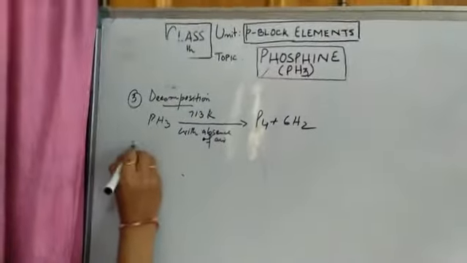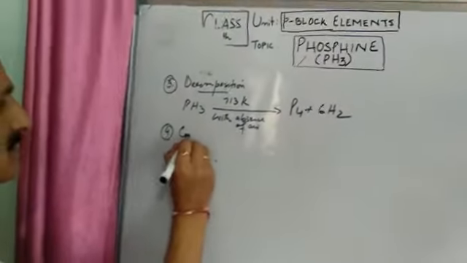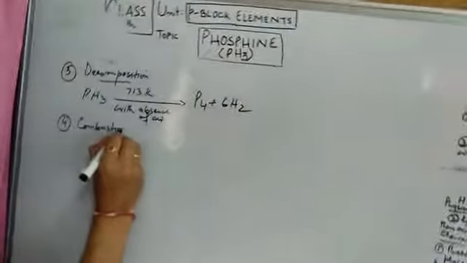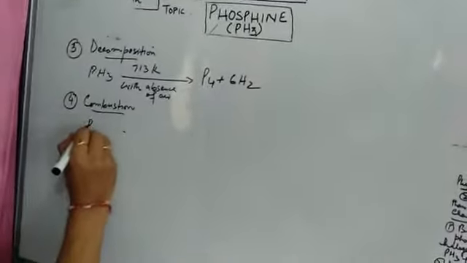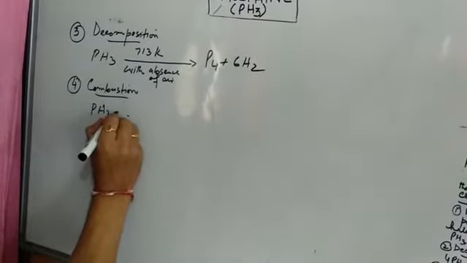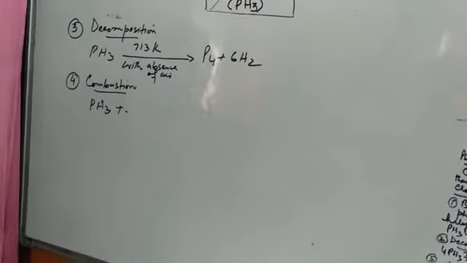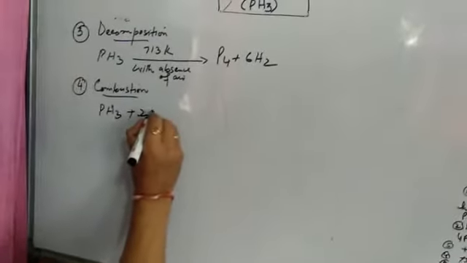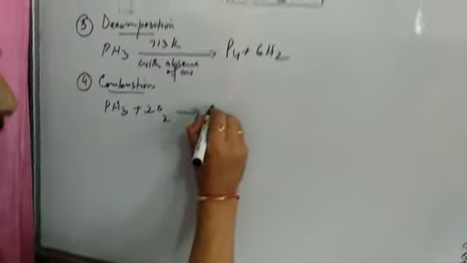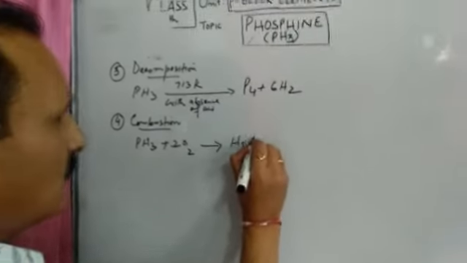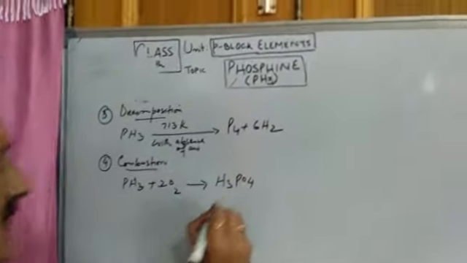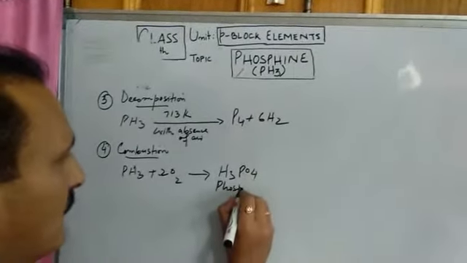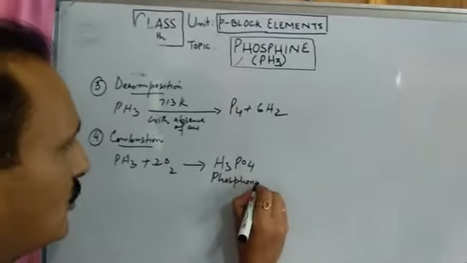Then let us move to its combustion. Combustion means burning. Phosphine burns with oxygen and forms H3PO4, phosphoric acid.